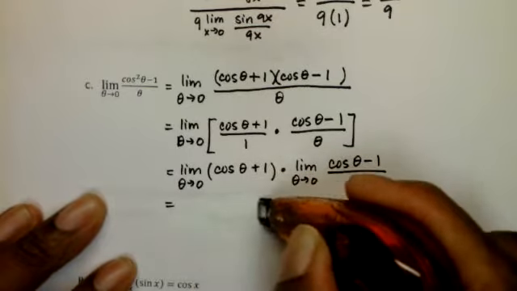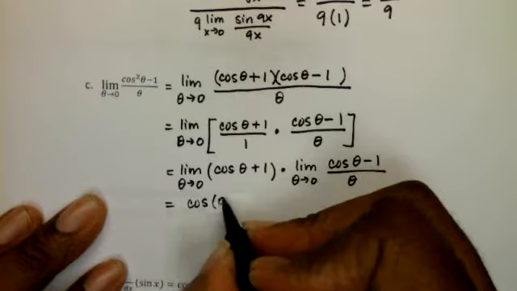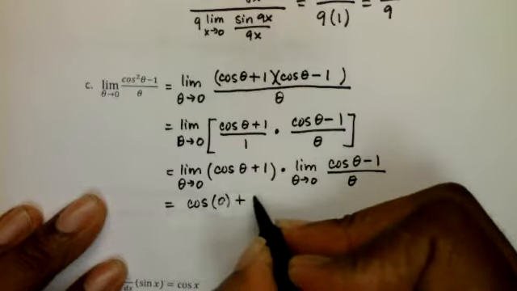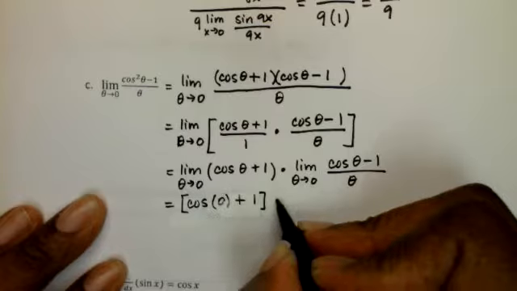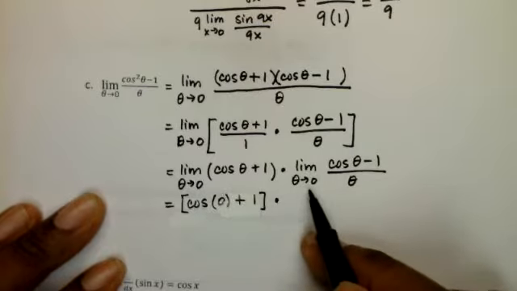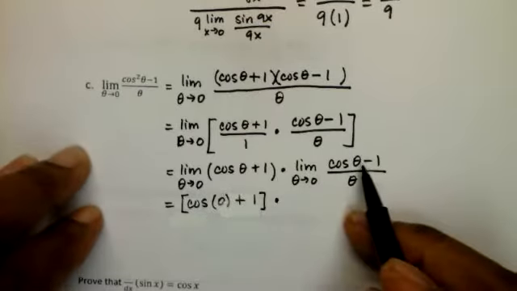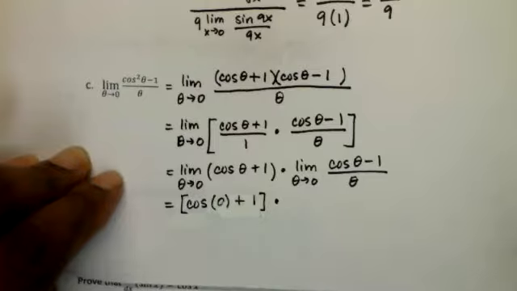I'm going to white out this. I'm just going to do direct substitution here. So this will be cosine, and I'm letting theta be 0, and then plus 1. Times, now the limit as theta approaches 0 of cosine theta minus 1 divided by theta.